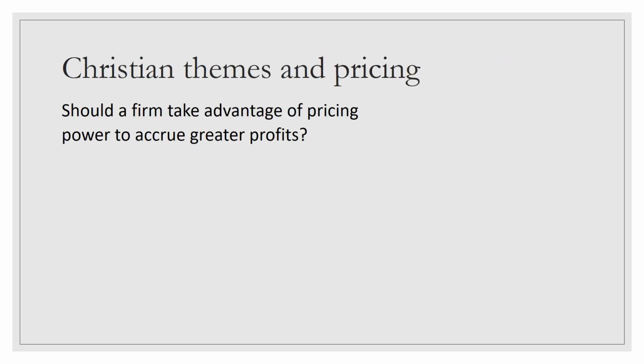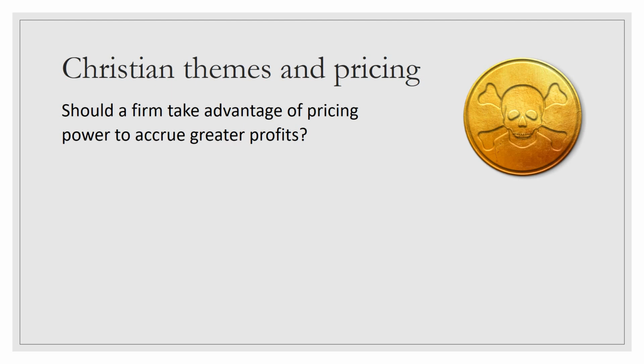So this leads us to an interesting set of values questions. In fact, if a firm has the capacity to utilize market power to be able to generate above normal profits, should they? It's sometimes thought that those big bad firms generating profits is a mark of them doing evil and bad things.